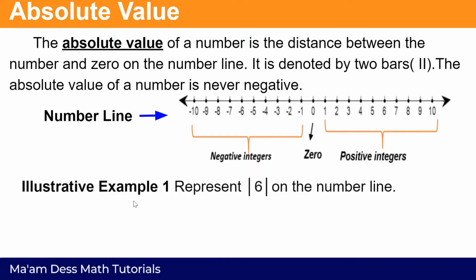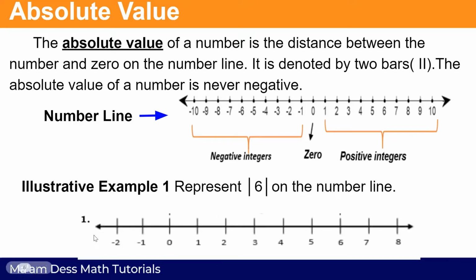Now, let us have illustrative example 1. Represent the absolute value of 6 on the number line. So, we will make a number line. From this, we have 0. Here is the 0, and to the right of 0, we have 1, 2, 3, and so on.